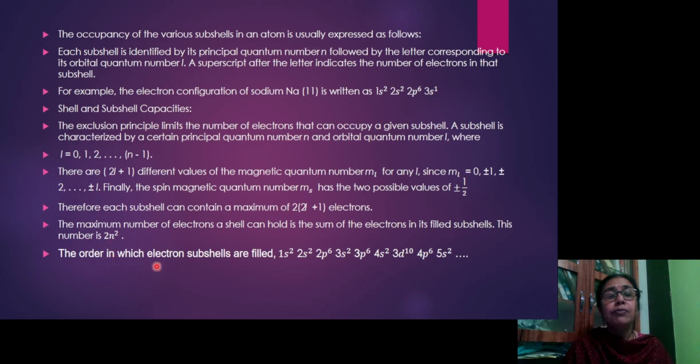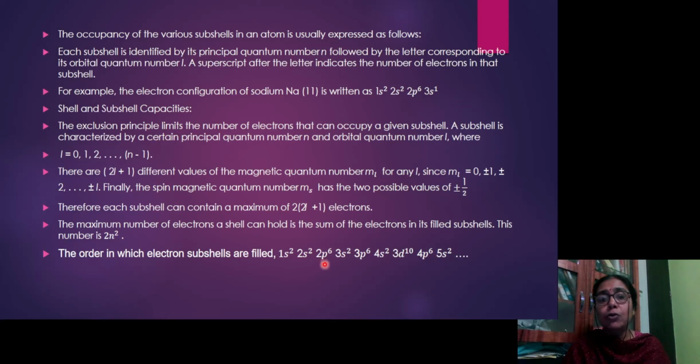The order in which electron subshells are filled is 1s2, 2s2, 2p6, 3s2, 3p6, 4s2, 3d10, 4p6, 5s2, and so on. This sequence is according to the increasing energy of the different shells and subshells.